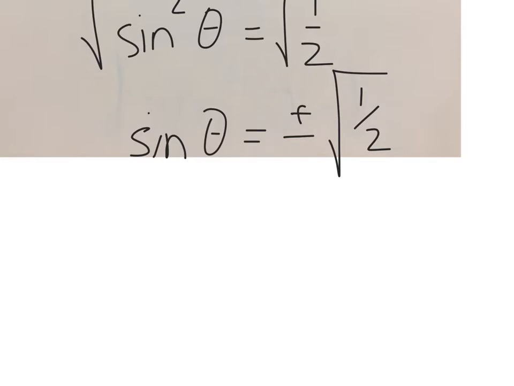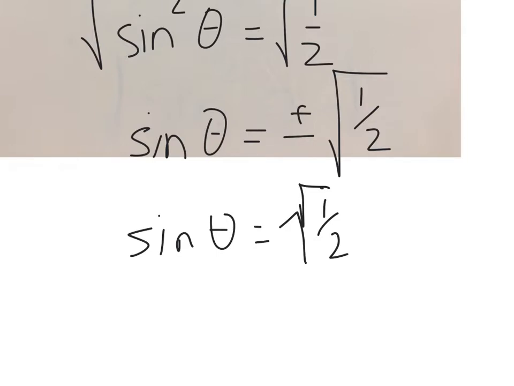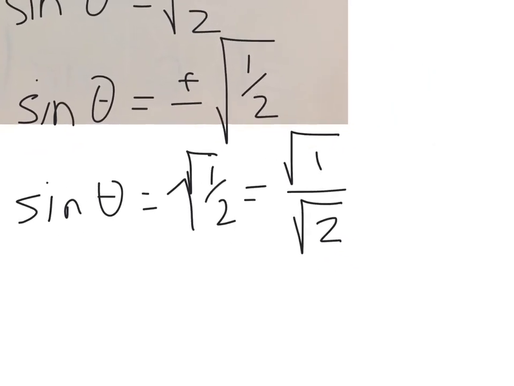Looking at our unit circle, we probably will notice that there's no place where the sine value is the square root of 1/2. So we have to manipulate this a little bit by using some laws of radicals. I can take the square root of the numerator and denominator separately.